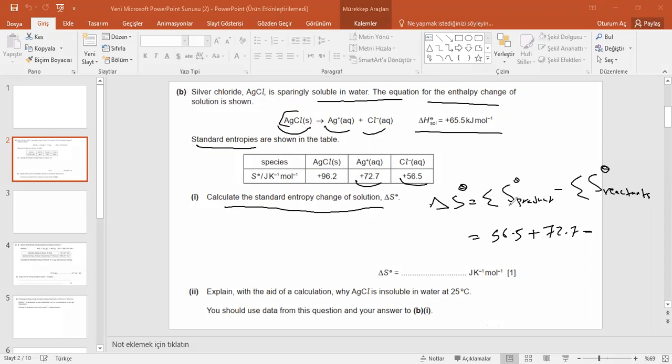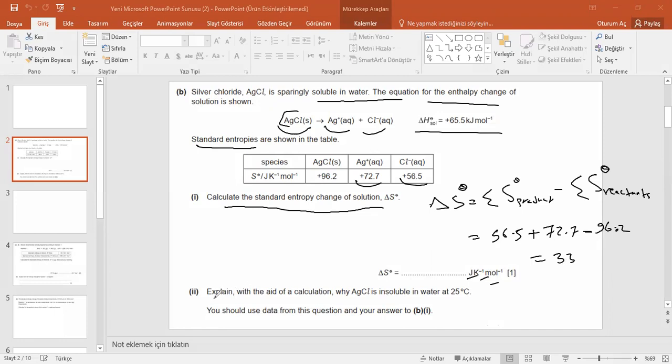The reactant, we have AgCl, which is 96.2. The final answer will be 33. This is, guys, the delta S. The unit is joule K minus 1 mole minus 1.